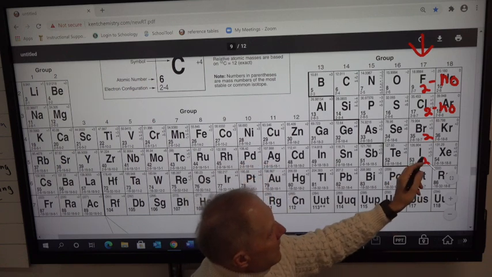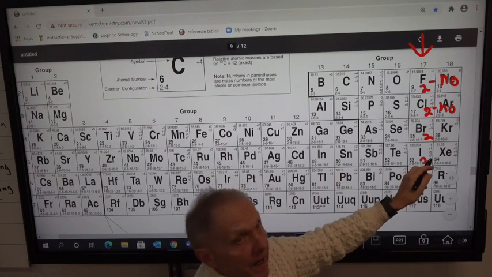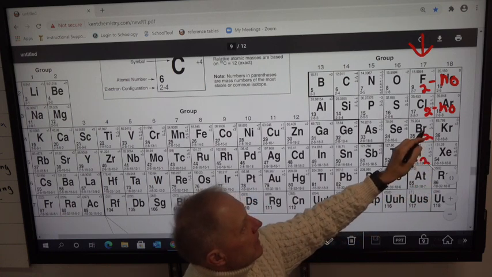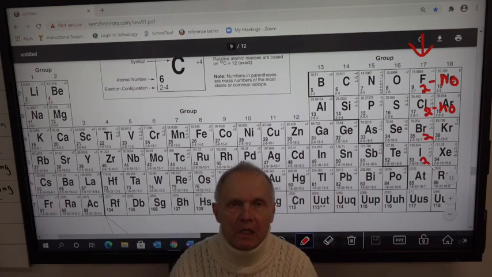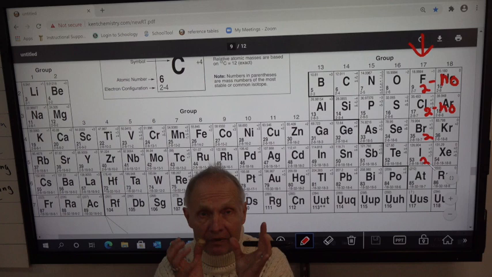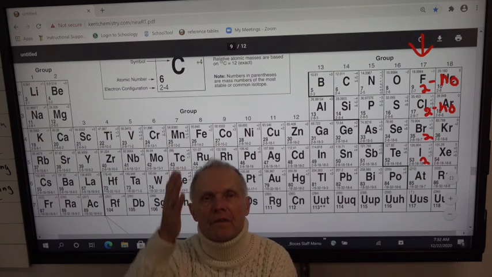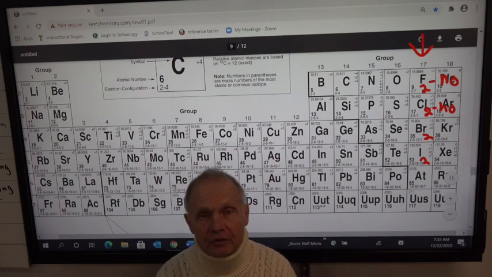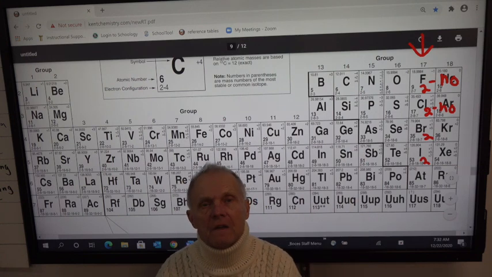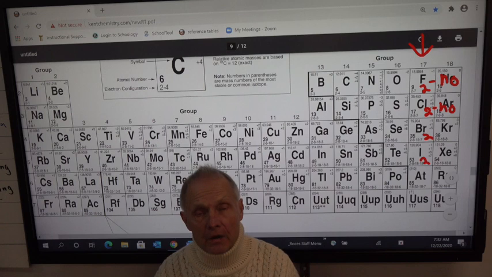So, iodine has the greatest van der Waals forces, then bromine, and then nothing chlorine, nothing fluorine. So going down any group, as the molecular weight and the number of electrons increase, the van der Waals forces increases down a group. And group 17 is the best group to see that. All right? That is a very quick review.